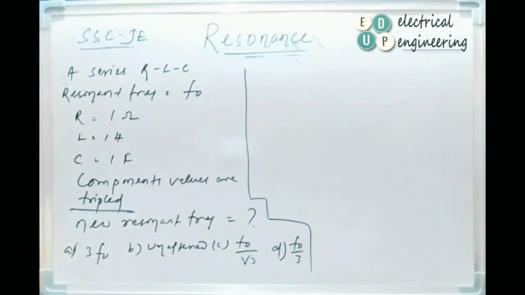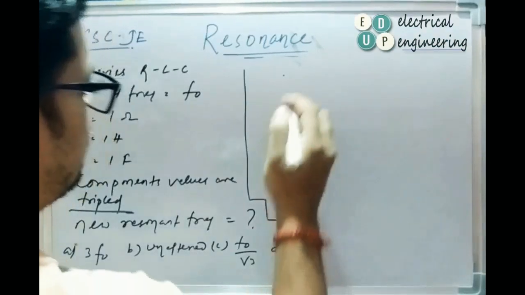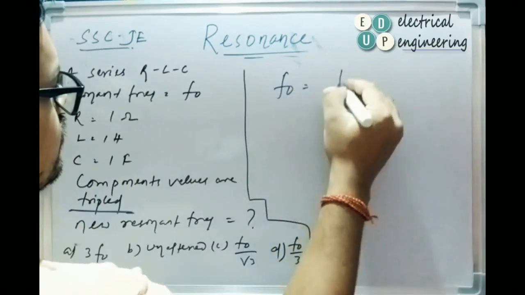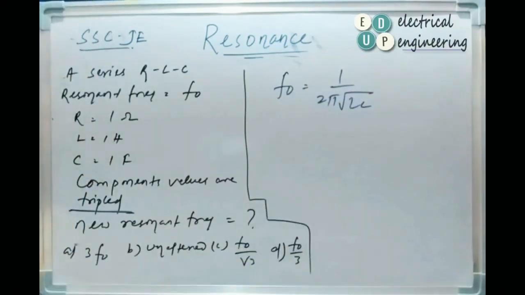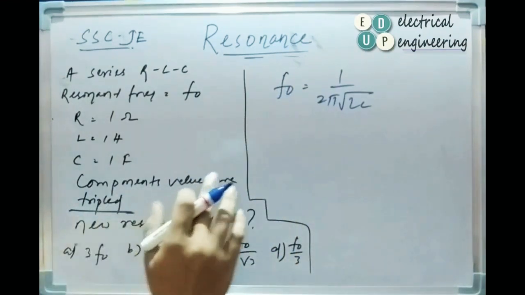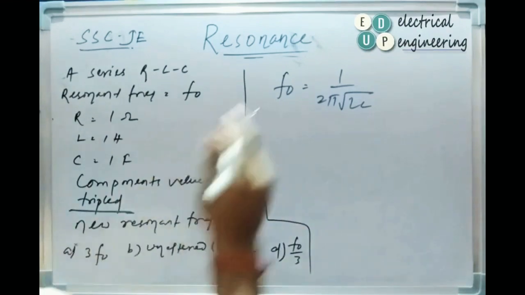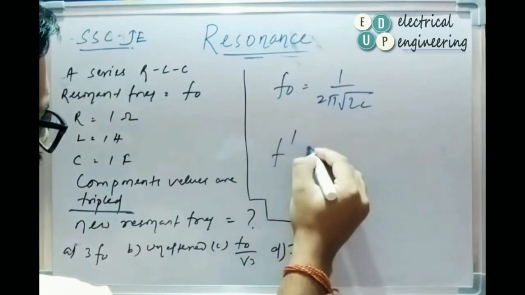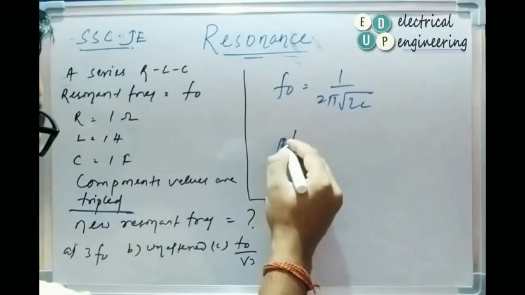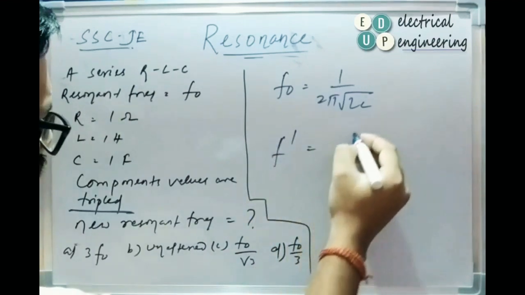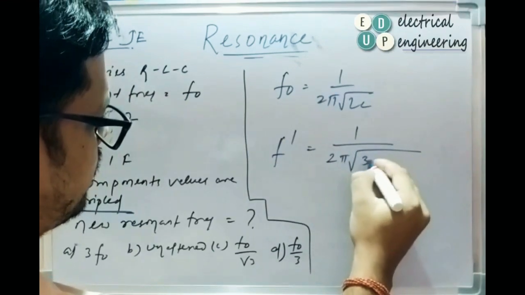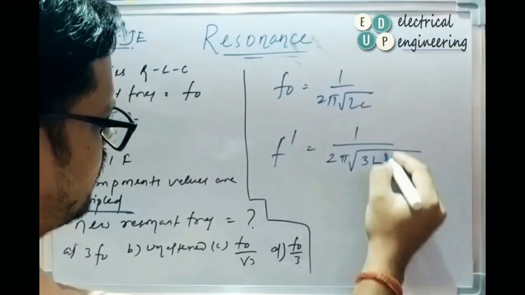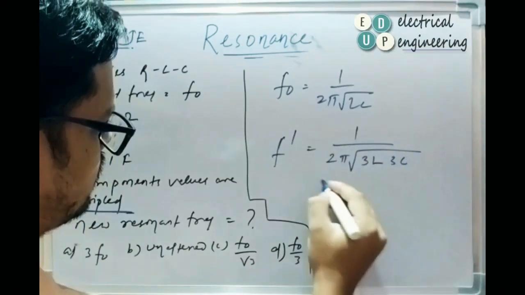So it is regarding resonance frequency. We know resonance frequency F0 equals 1 by 2 pi root over of LC. It is our original resonance frequency. Now the component values are tripled. So after taking new component values, I am writing resonance frequency as F dash. That will be 1 by 2 pi root over of triple, which means L will be 3 times, so it's 3L, and C will be 3 times, that is 3C.